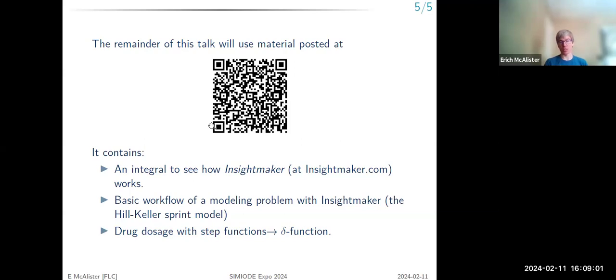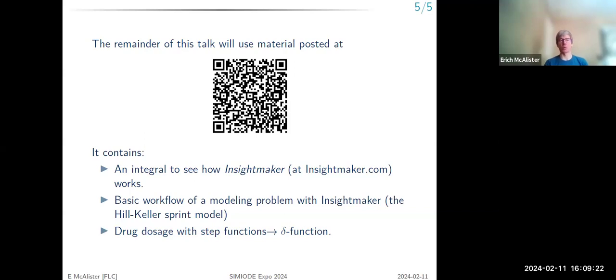The things we're going to look at: first, how does Insightmaker work on a really basic level? Then, if you're familiar with the SIMIODE textbook, the Hill-Keller sprint model is the first example in that textbook.